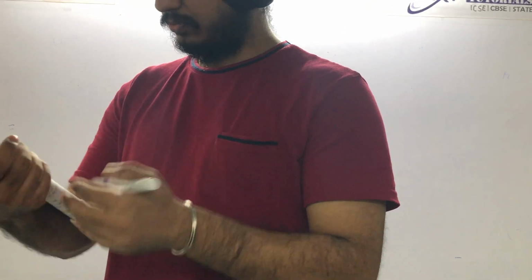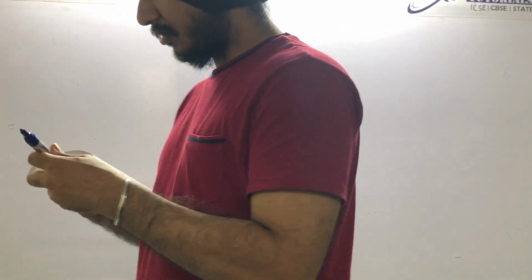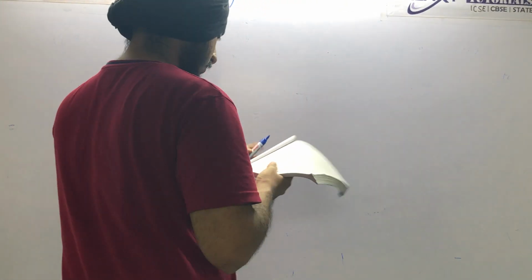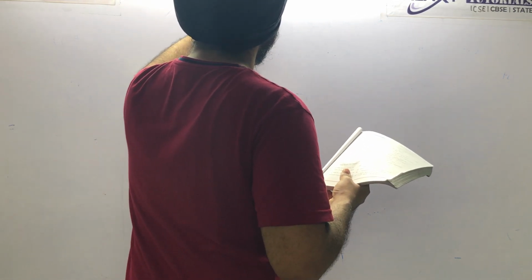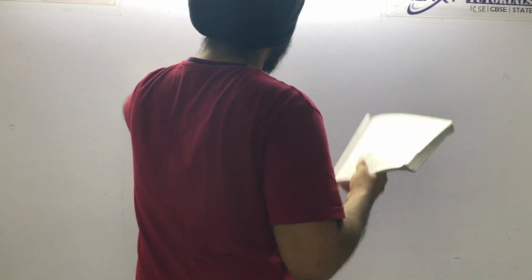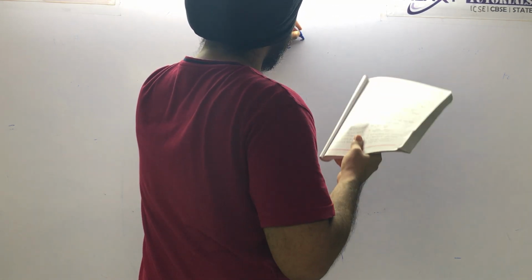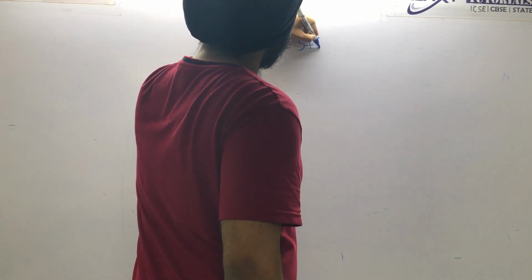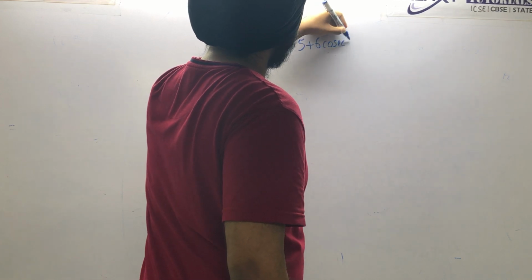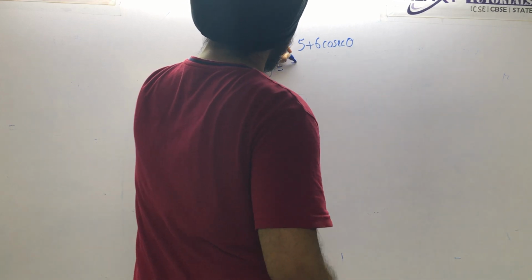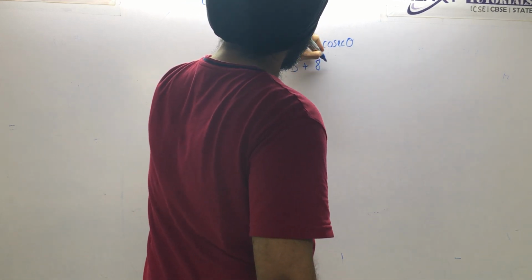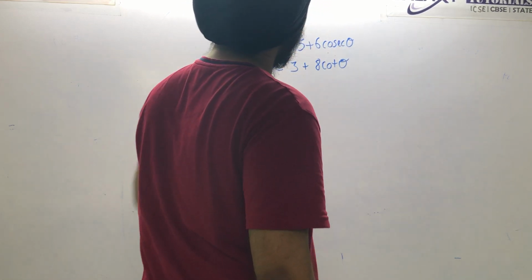Next part let's do. Now the next two parts are easy. Fourth part: x is equal to 5 plus 6 cosec theta and y is equal to 3 plus 8 cot theta.